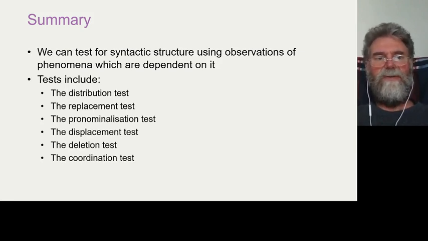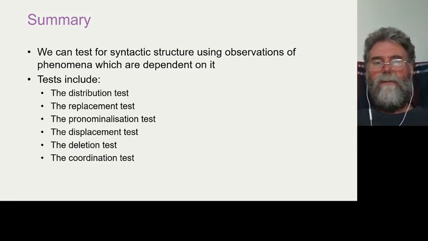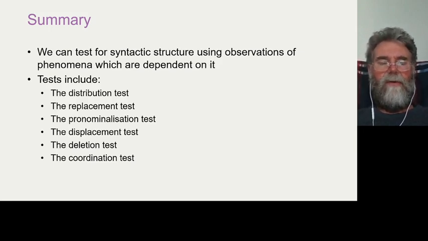We've seen the distribution test itself, a replacement test where you replace one part of the constituent for something else. Pronominalization test, very similar to that, only we use specific things to replace parts of structures with, that is pronoun, proform elements.